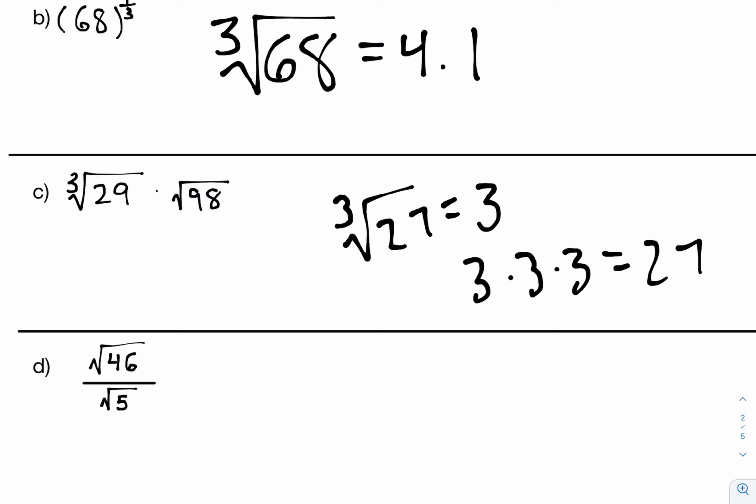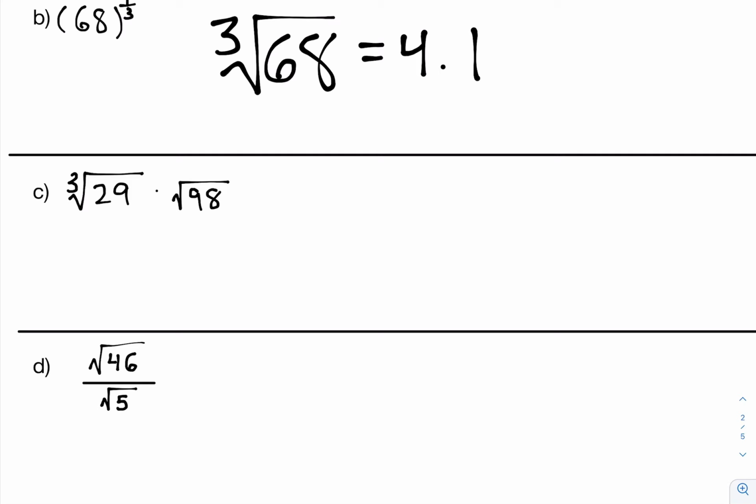So if we're taking the cube root of 29, I'm going to say that's just over 3, because 29 is just over 27. So the cube root of 29 must be around 3.1. So if we do it in our calculator, 29 to the power of 1 over 3, that's 3.07, which is about 3.1.